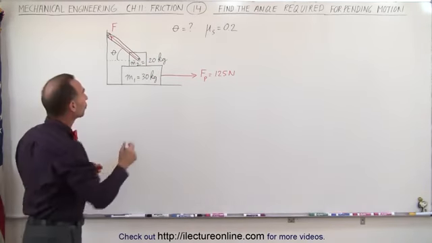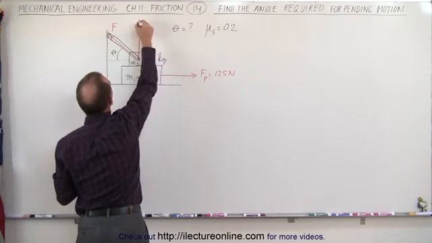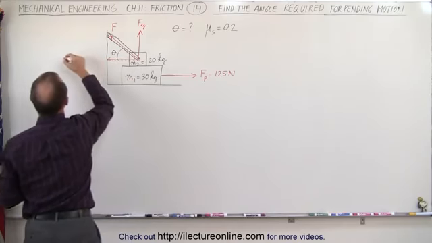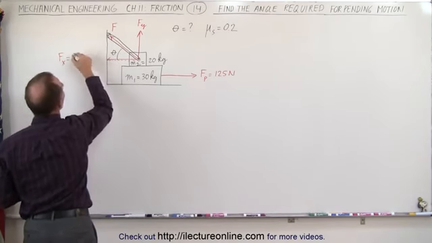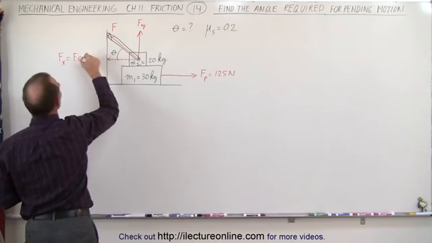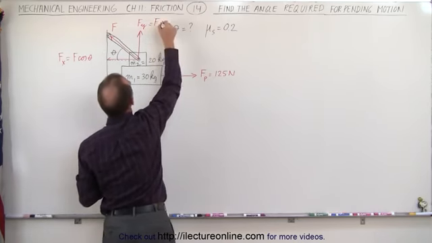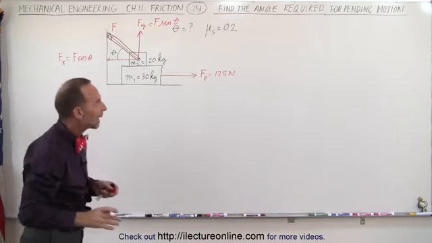That means there's going to be a vertical component, let's call it F sub y, and a horizontal component, F sub x. F sub x is going to be equal to F times the cosine of the angle theta, and F sub y is going to be F times the sine of the angle theta. And again, we're trying to find what that angle will be.